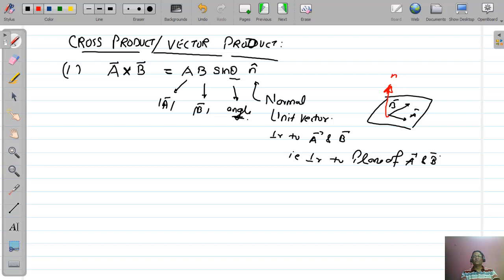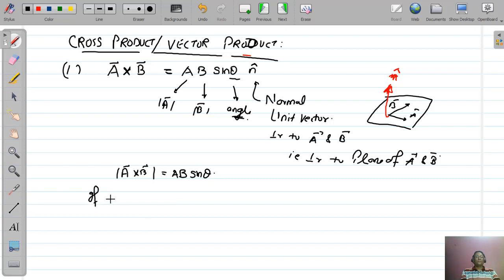So this is the unit vector n. Its magnitude is 1. It is just to represent the direction of A cross B. Hence we can say that the magnitude of vector A cross B equals AB sine theta.